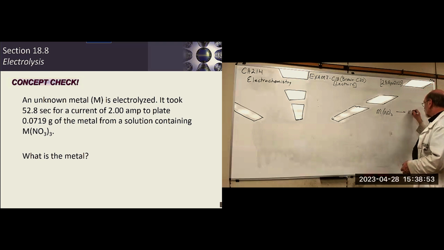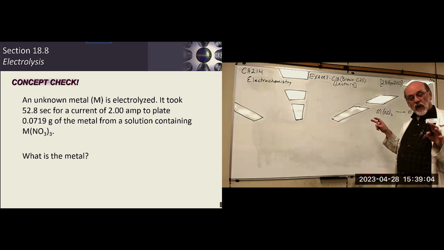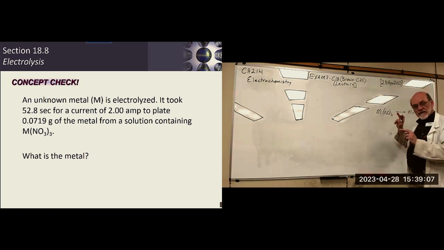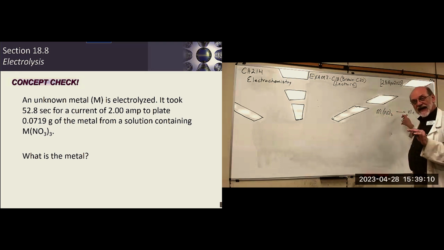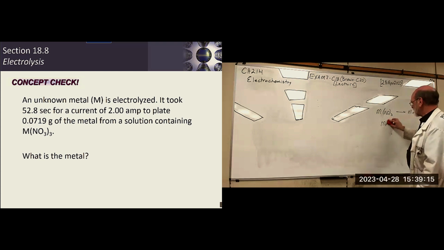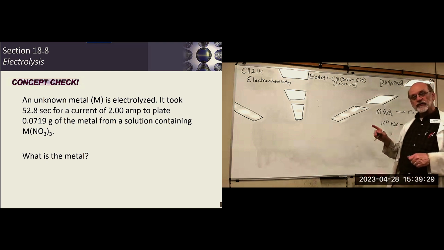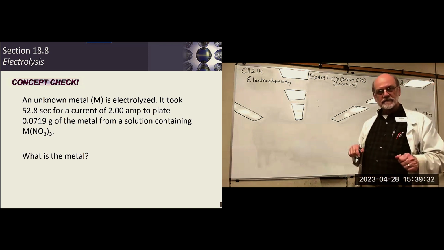So how many moles of electrons would be required to produce the solid metal from the ion? It would be this ion plus 3 moles of electrons yields one of these. So we know that n equals 3 moles, 3 moles for every mole of metal.